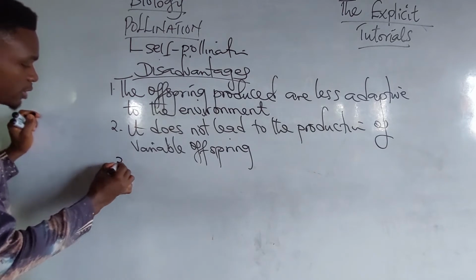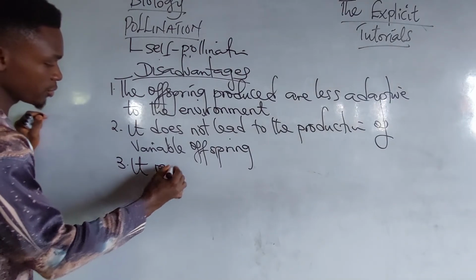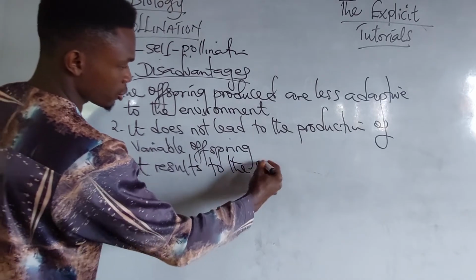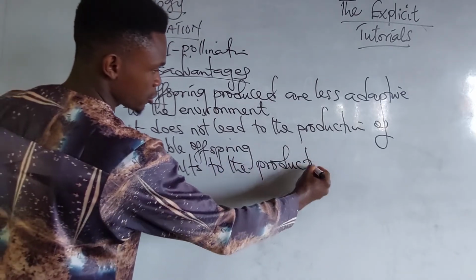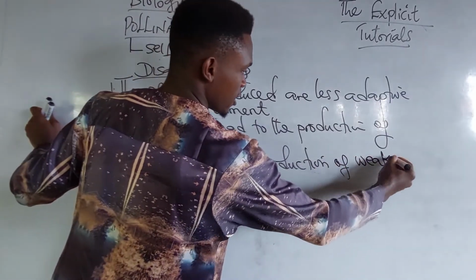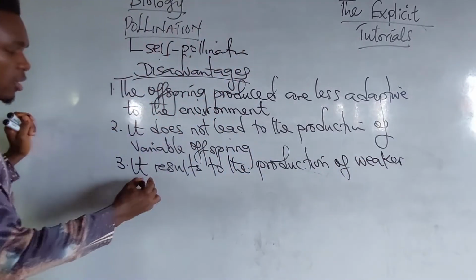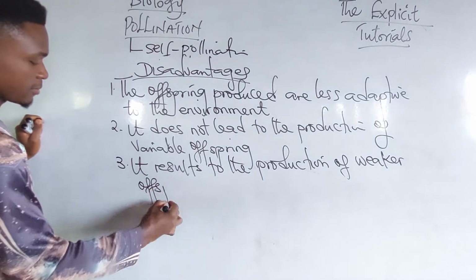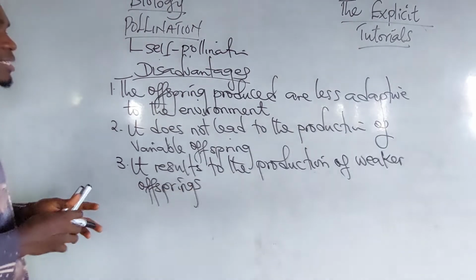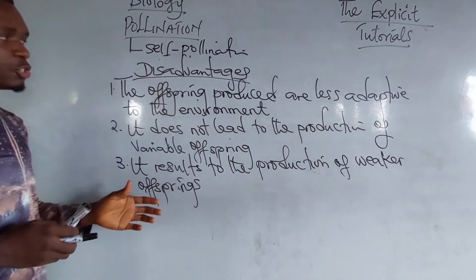Then number three, it results in the production of weaker offspring. So these are the disadvantages of self-pollination.